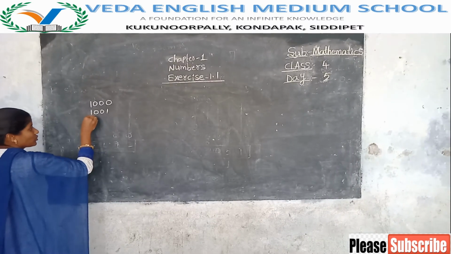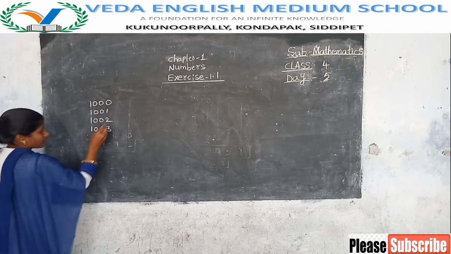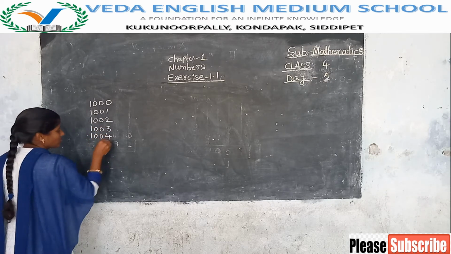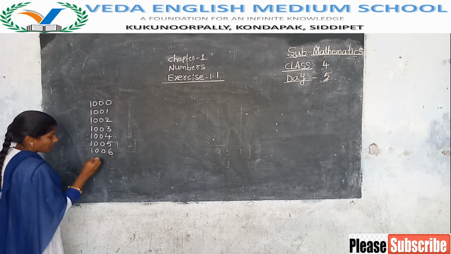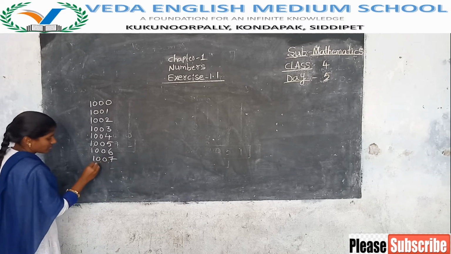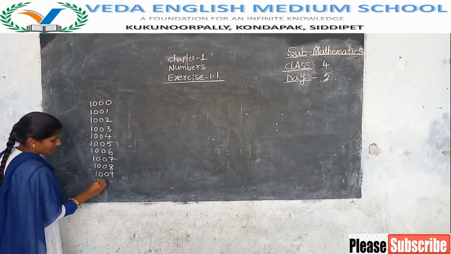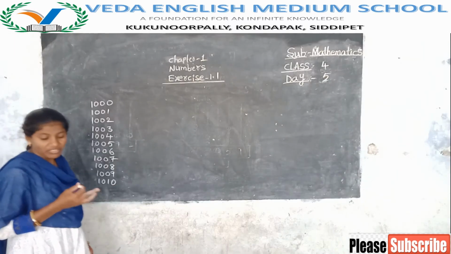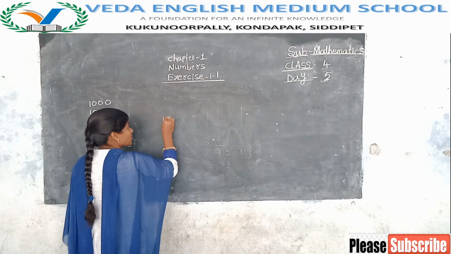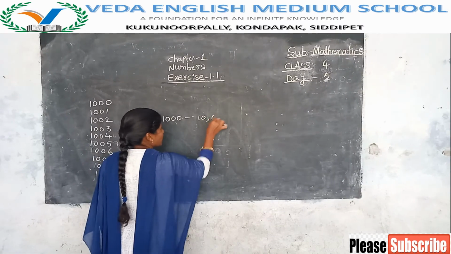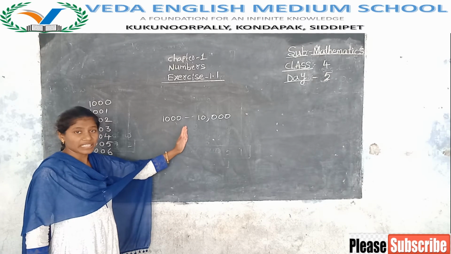Now how to write 1002? 1002. 1003. 1004. 1005. 1006. 1007. 1008. 1009. 1010. Like this we have learned how to write the numbers from 1000 to 10,000. From 1000 to 10,000 we have learned in class 3.